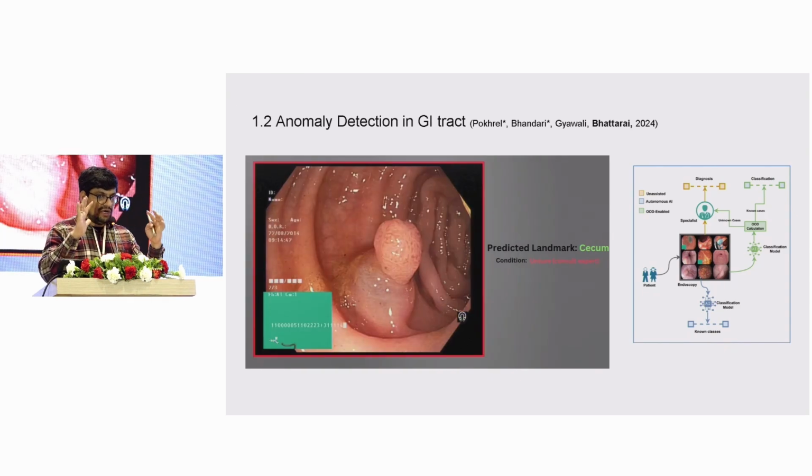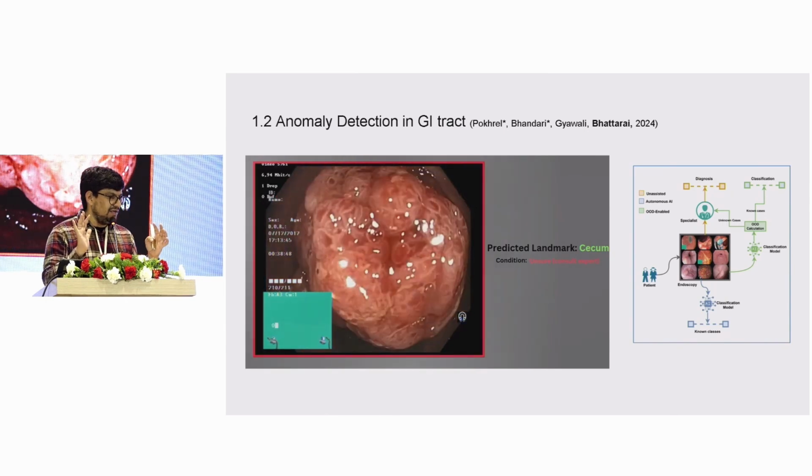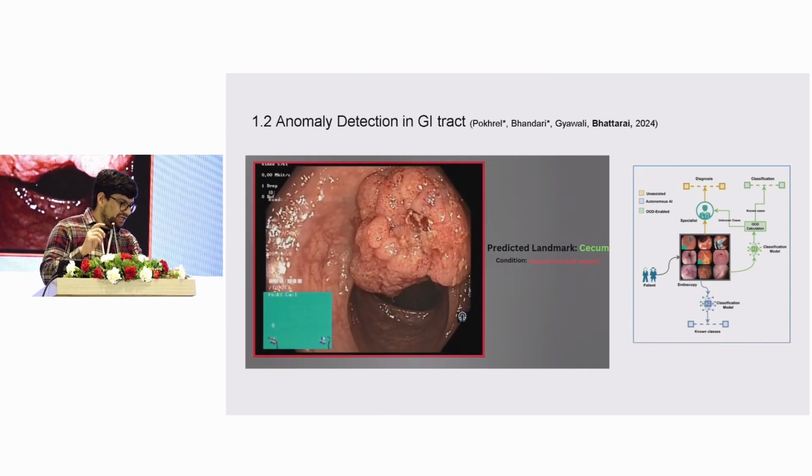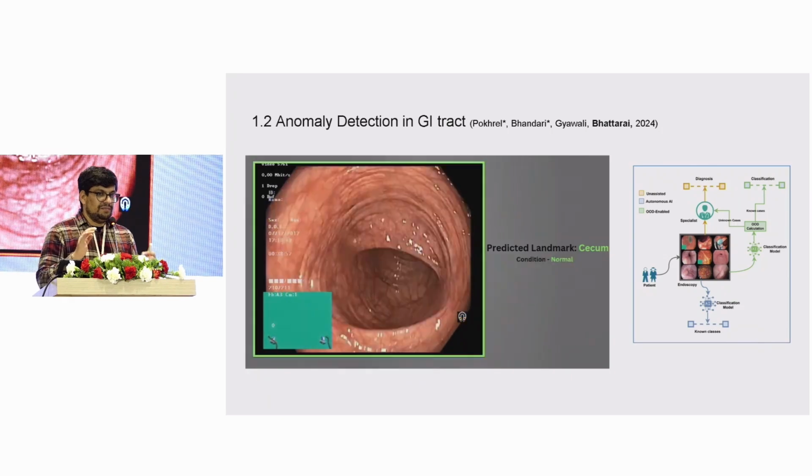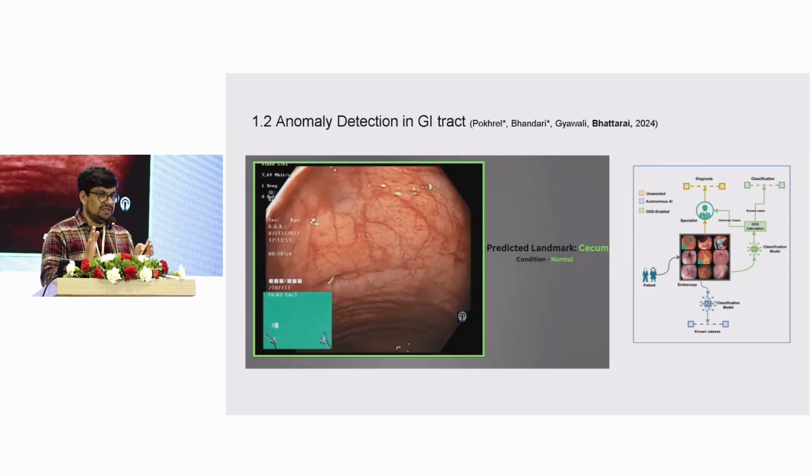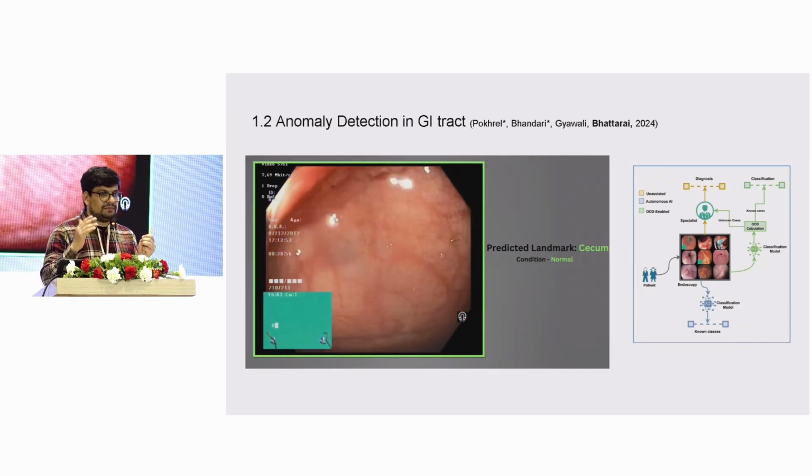It says, I can't make any decision here. Here it is unsure, so maybe you have to consult the experts. This is our effort to make this AI system more reliable, rather than making overconfident predictions.